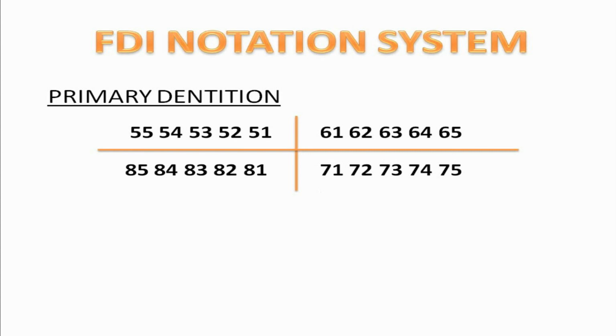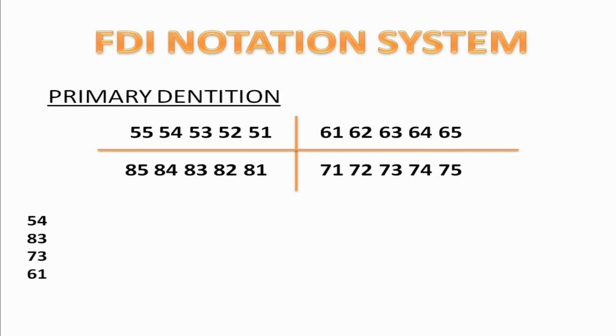Here 1 stands for central incisor, 2 is for lateral incisor, 3 is for canine, and 4 and 5 are for first and second molars. These teeth are deciduous. So how can we identify whether it is deciduous? By looking at the first digit. If it belongs to 5, 6, 7, 8, then it is deciduous.